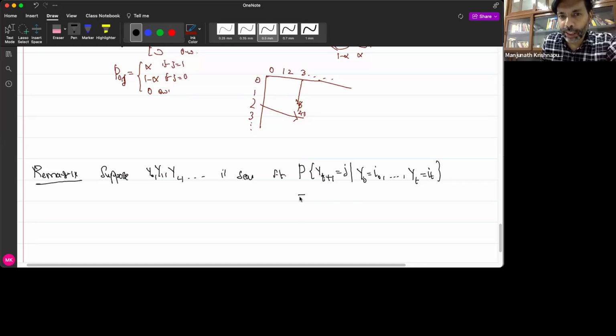So let us say it is some function, let's call it q, which depends on the previous 2 states and j. So in our situation, it depended only on the current state and the target state, whereas here it is depending on 2 things. This is not a Markov chain.